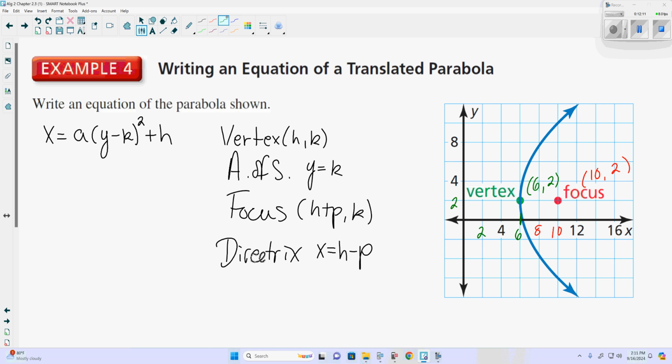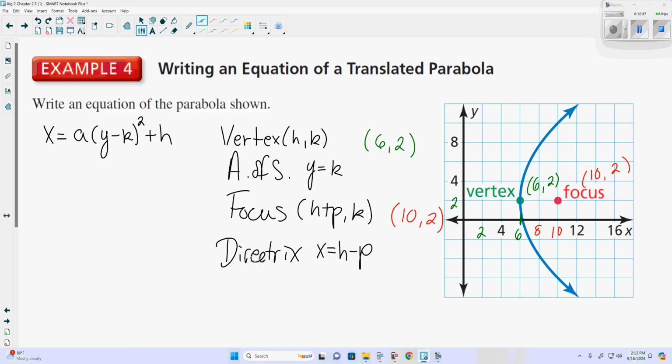Questions on this so far? Well, let's compare it back. They gave us the vertex, 6, 2. Focus, 10, 2. Okay. We good with this here so far? Yeah.